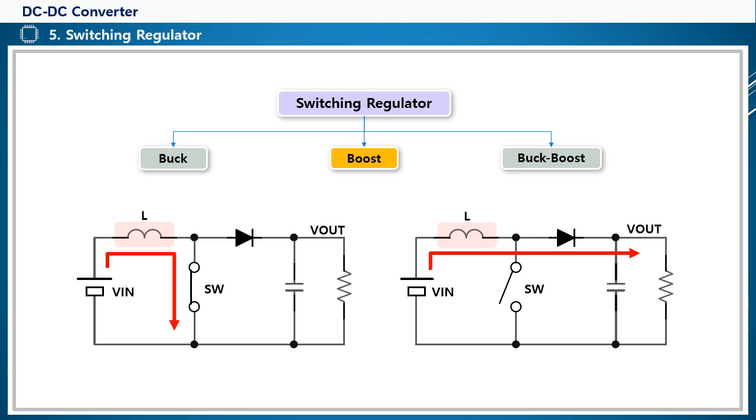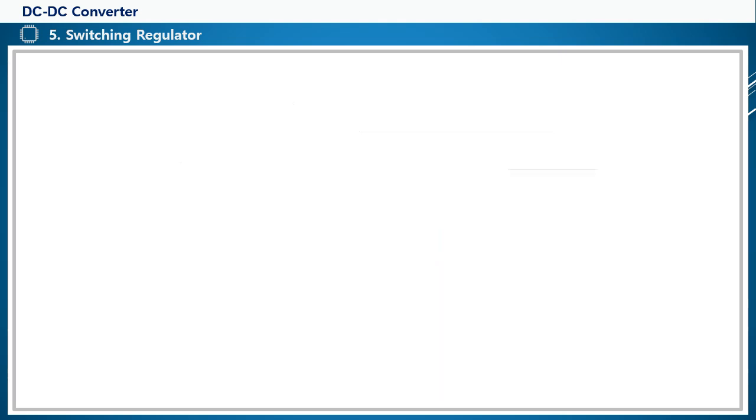The diode plays the role of creating a discharge path for the inductor. Since it is a structure in which the energy stored in the inductor is discharged by superimposing the input voltage, the output terminal voltage can be a higher voltage output than the input.